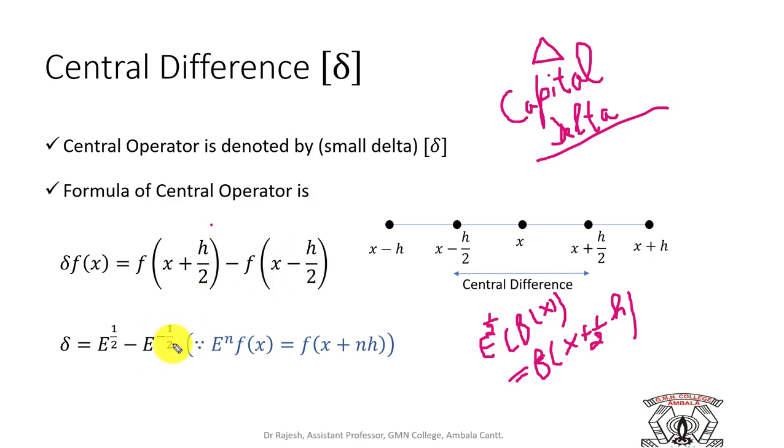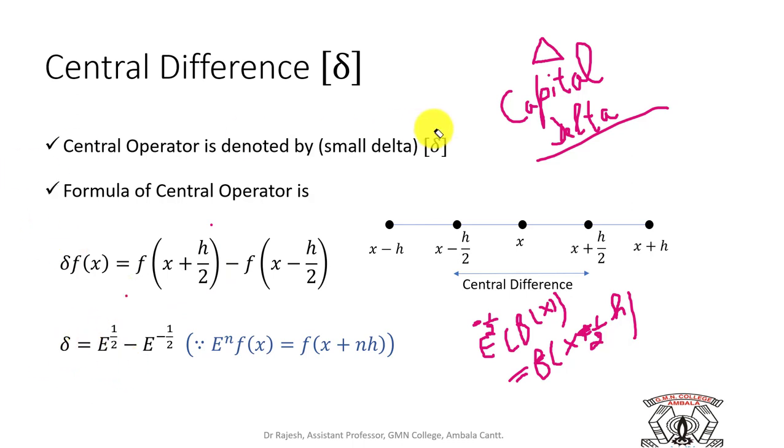If we go in the negative direction then it will be minus, E to the power minus 1 by 2. So this is the inverse shift operator. If here is minus, it will go in the backward direction rather than going in the forward direction. So this formula can be written something like this. So this is the central difference operator.